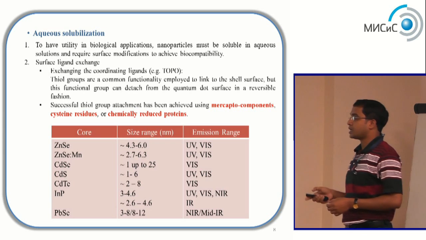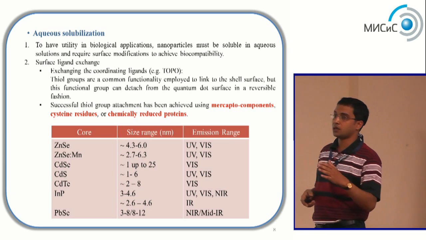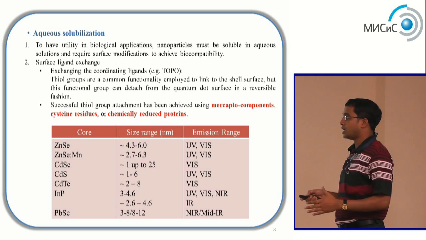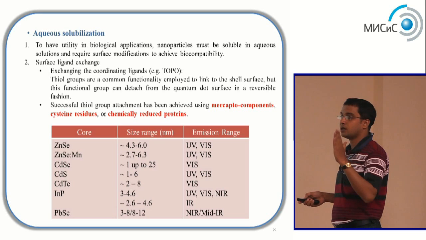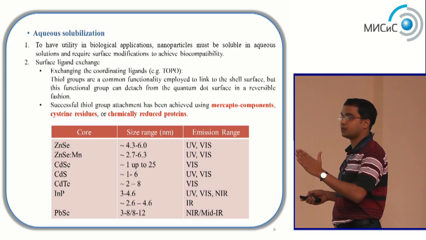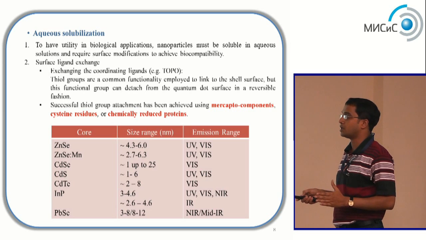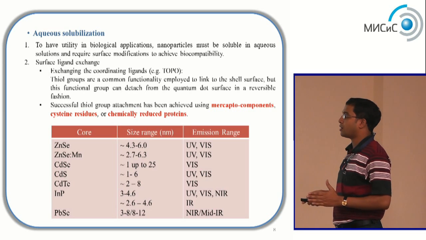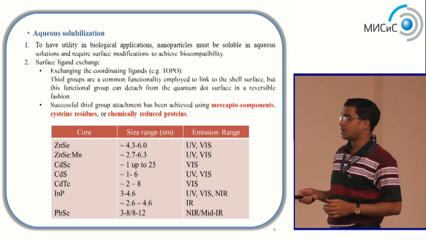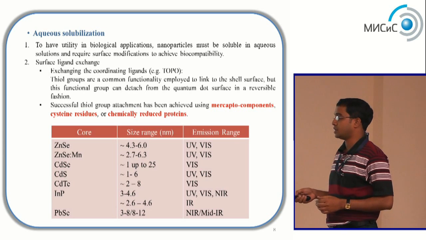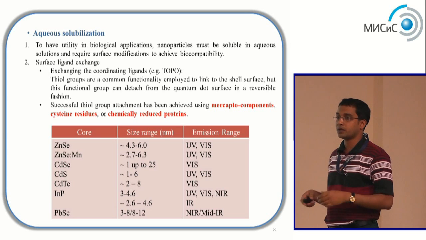As I mentioned, the synthesis depends on your requirement. If you need an emission range in the ultraviolet region or visible region, then you can use zinc selenide. Zinc selenide with manganese doping has some advantages because it's low toxic, and people are thinking to work with this because it's low toxic, so we can use it directly in the human body.